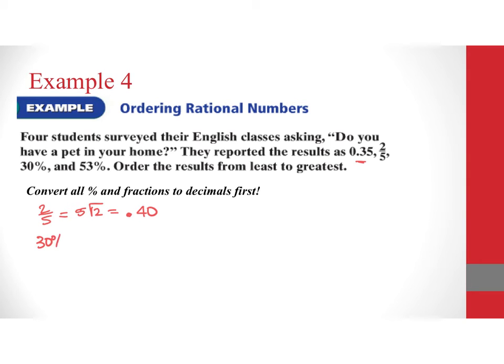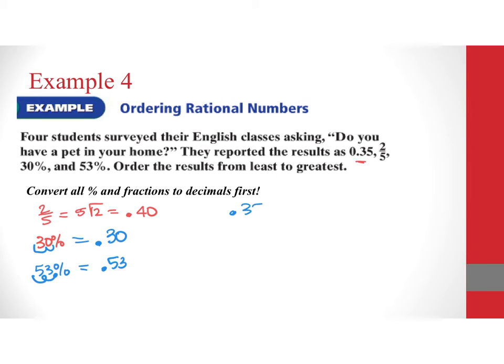30%, in this case here, I'm going to take that decimal of 30 and move it to the left. So this is going to give me 0.30. And 53%, I'm going to do the same thing. That decimal is right here. Move it 2 to the left. And this gives me 0.53. Okay, so now I have 0.35.